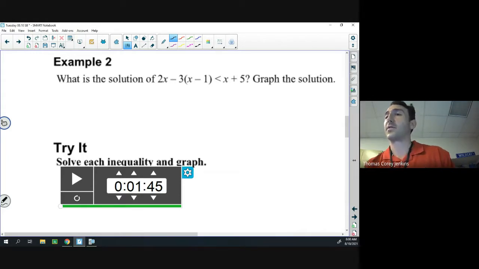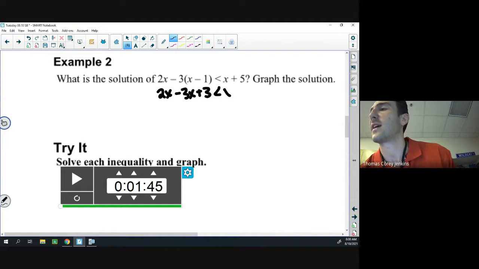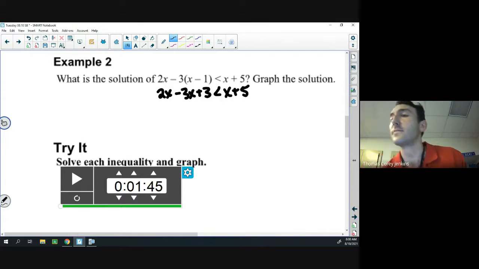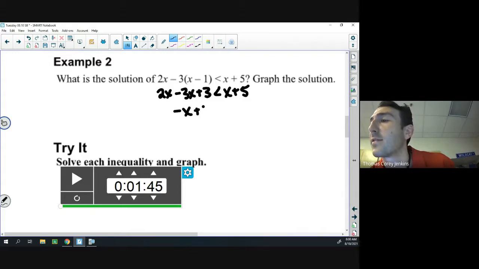So we'll distribute first like we did on the last one. So 2x minus 3x plus 3 is less than x plus 5. That would give me negative x plus 3 is less than x plus 5.